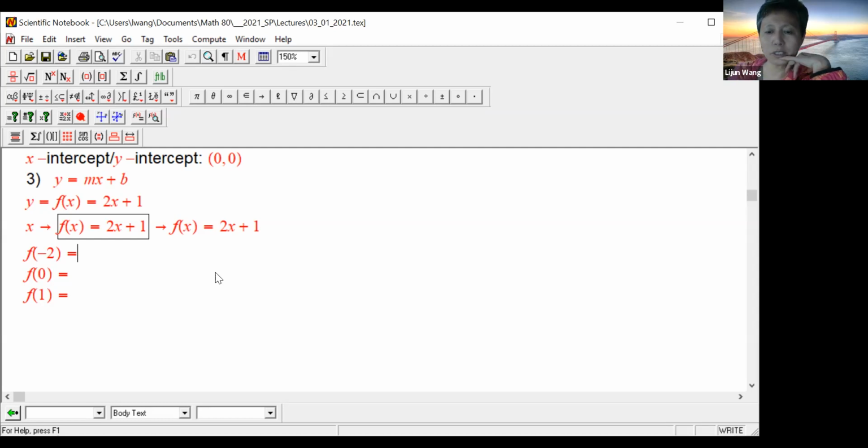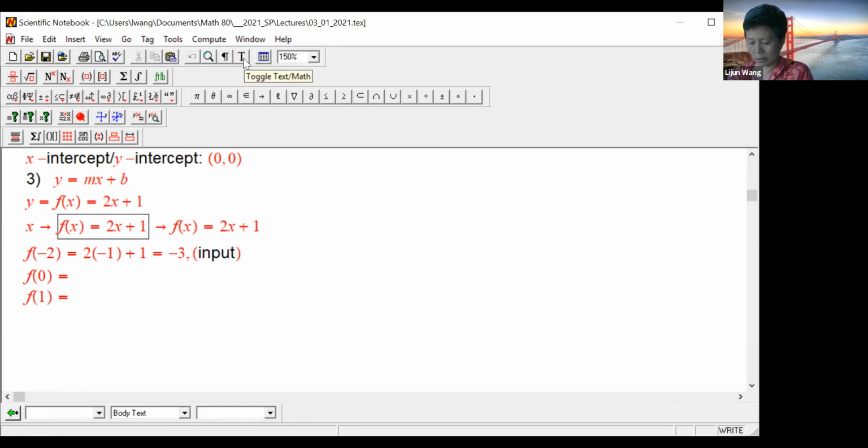So for input -2, what is the output? You just plug in, right? So this is going to be -2. The output is -3. So when input is -2, the output is what?